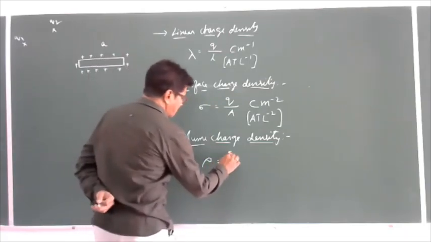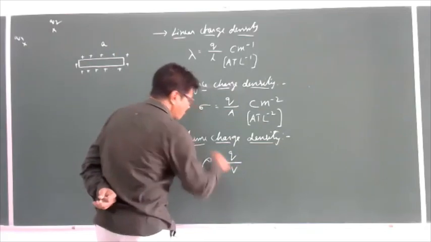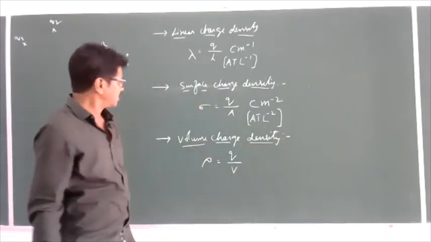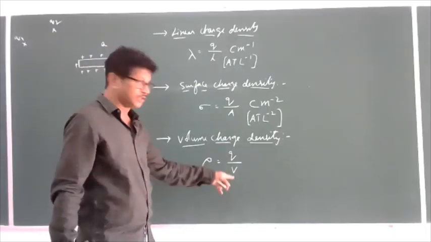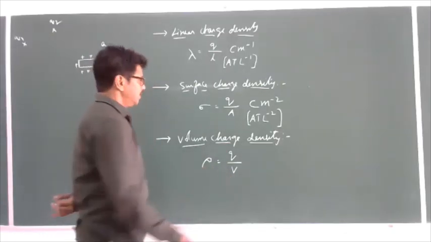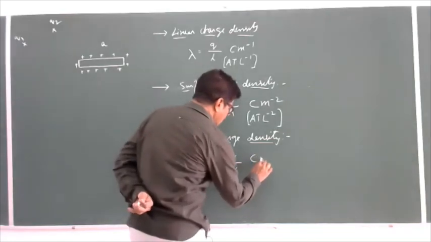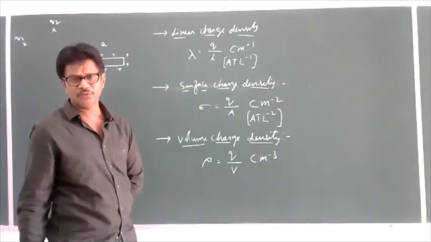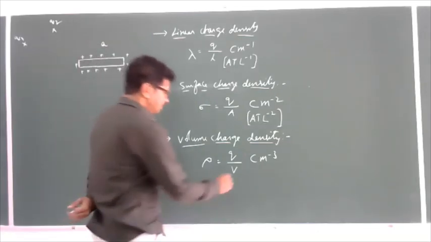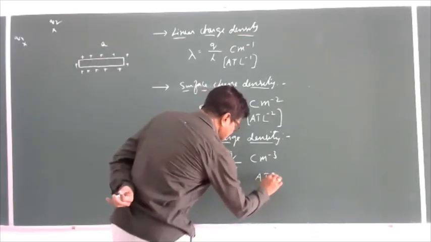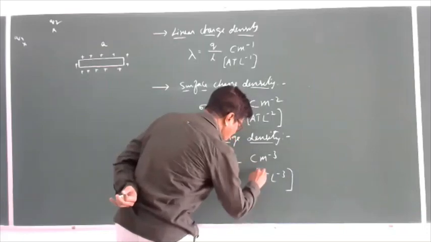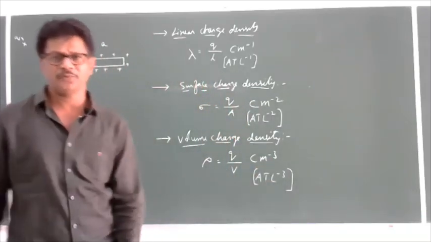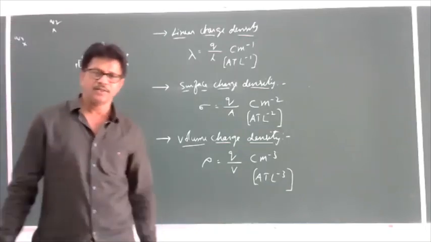The charge per unit volume is called the volume charge density. Its unit is Coulomb per meter cube. Its dimensional formula is ATL^-3.